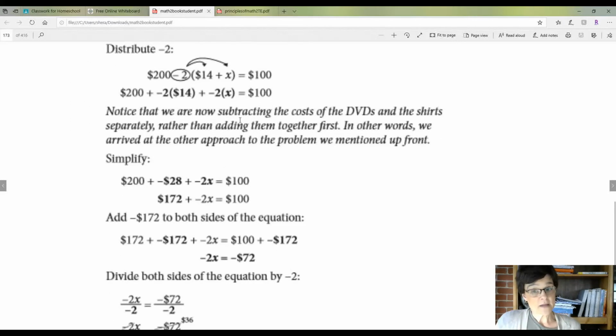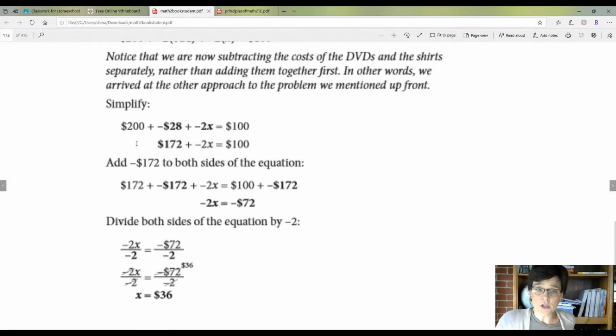Notice that we are now subtracting the cost of the DVDs and the shirts separately rather than adding them together first. In other words, we arrived at the same approach that we mentioned up front in the first one. So $200 plus the negative 28 plus the negative 2x equals 100, and then you just work the problem from there, and you come up with x equals 36.